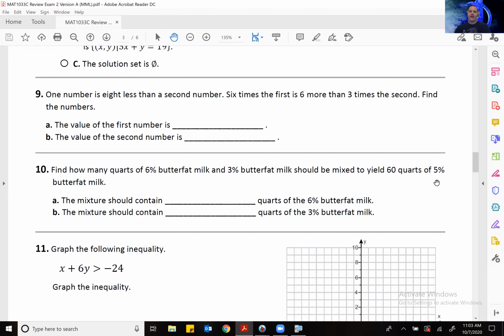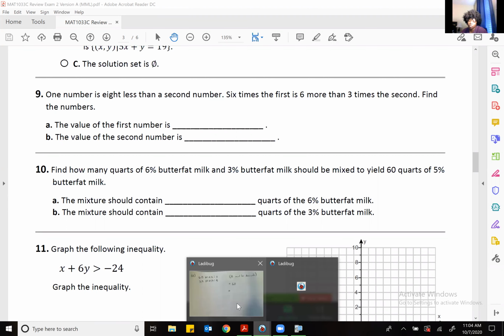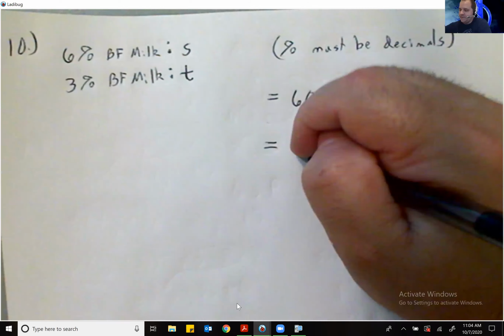We have to put the percents in as decimals. Percents must be decimals. So what is 5% as a decimal? 0.05.